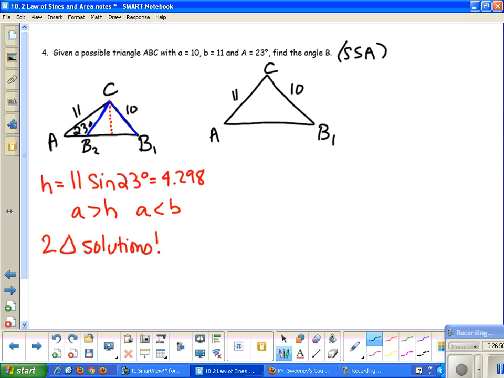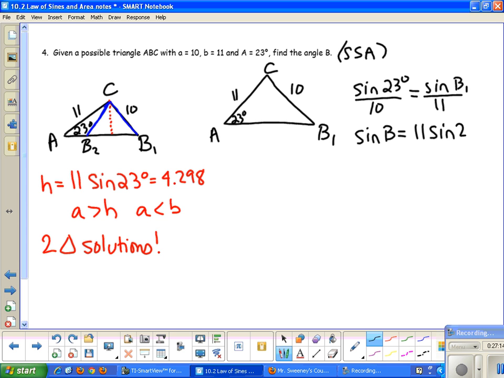So in this case, we would first solve and you would get the sine of 23 degrees over 10 is equal to the sine of B1 over 11. So cross multiply, and you would end up with the sine of B is equal to 11 times the sine of 23 degrees divided by 10.